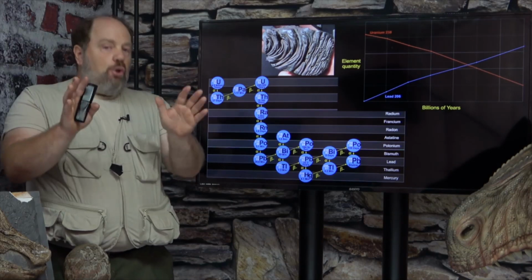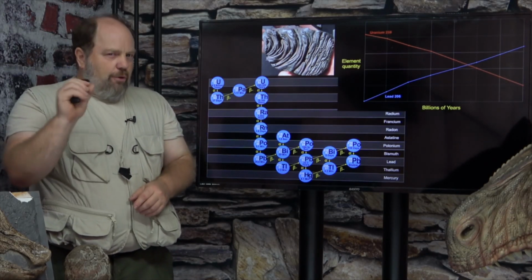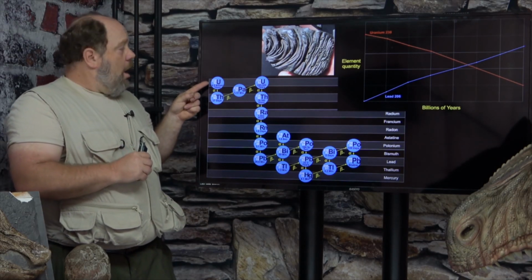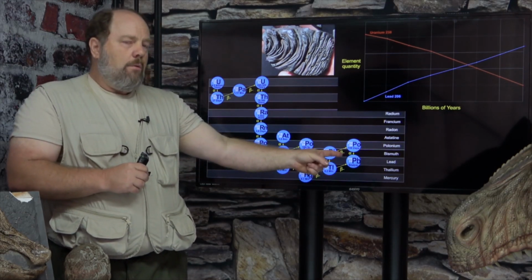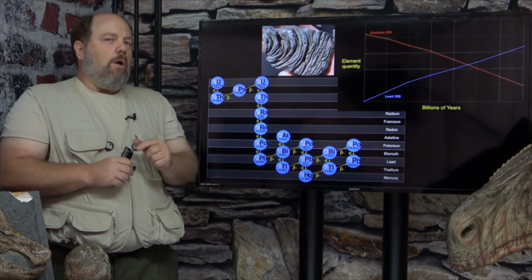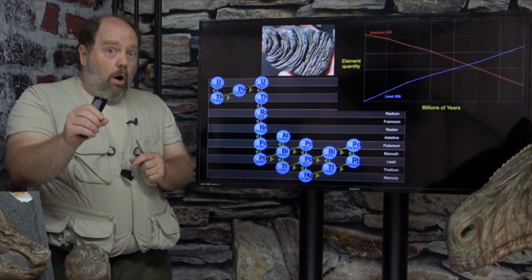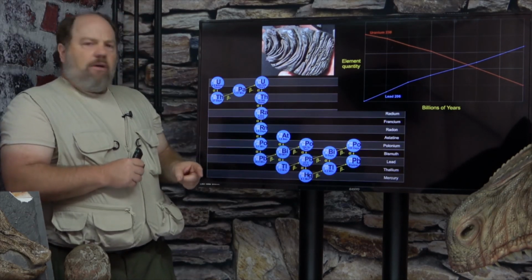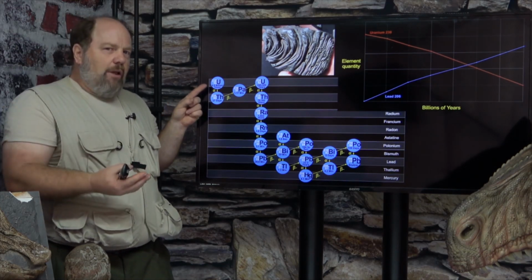Whatever process you propose, will that process that produces uranium-238 also not produce lead-206? Of course it will. And in fact, it will probably produce more lead-206 than uranium, because it would theoretically be harder to produce uranium as it's a heavier element.